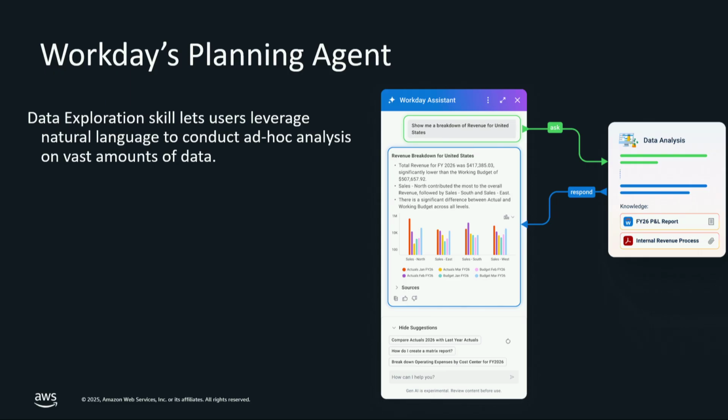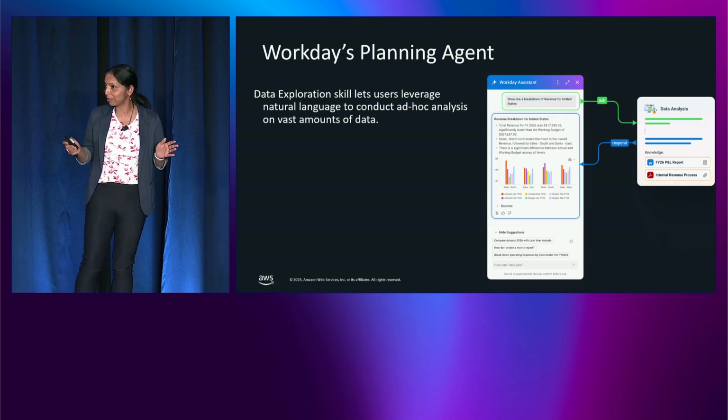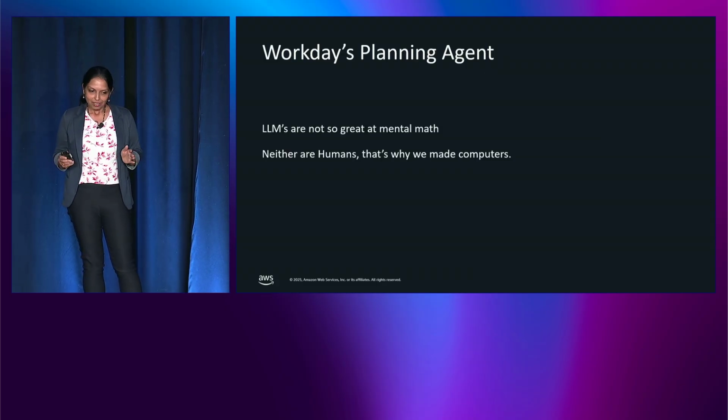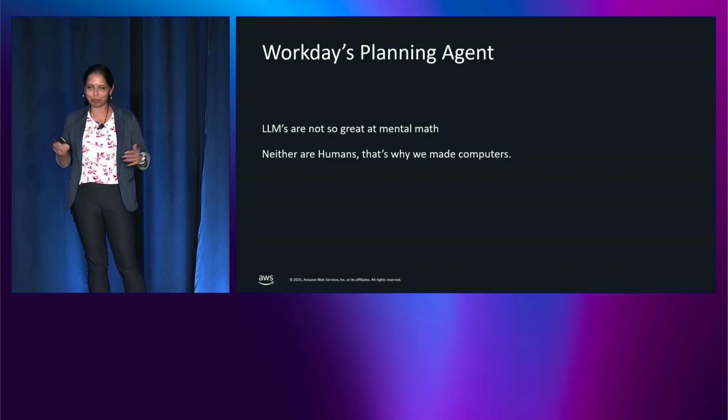So let's dive into that. The data exploration skill that we offer essentially allows our end users, like these analysts, to leverage natural language and conduct ad hoc analysis on vast amounts of data. And trust me, when I say vast, it is vast.